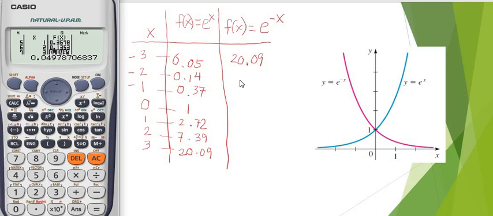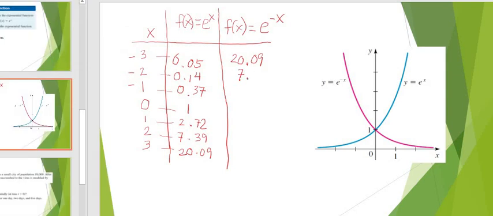So when x equals negative 2, we have 7.39, then 2.72, 1, 0.37, 0.14, and 0.05.